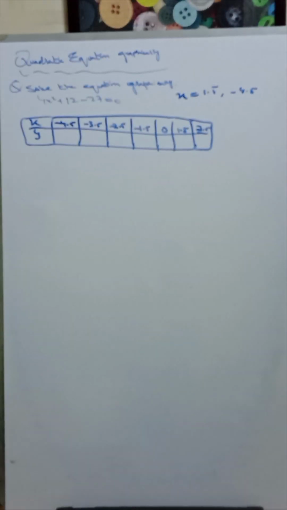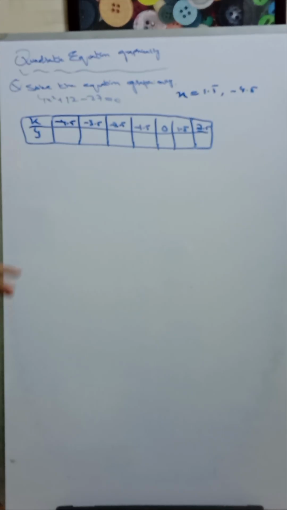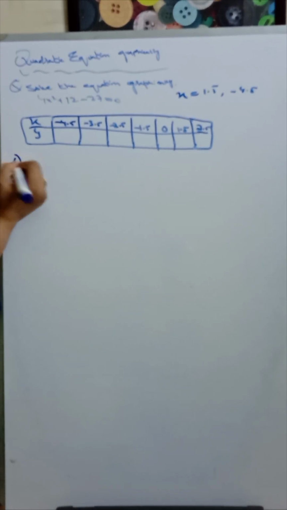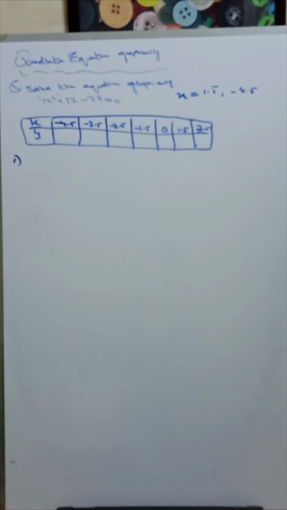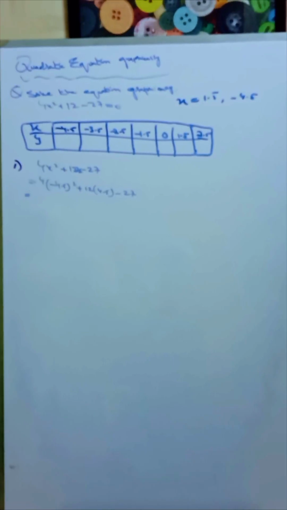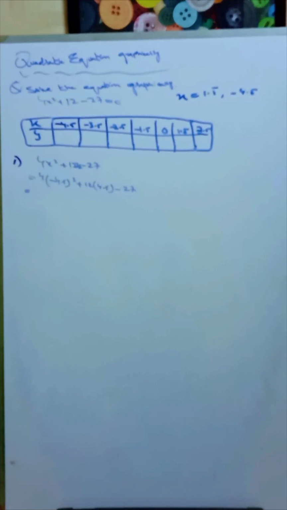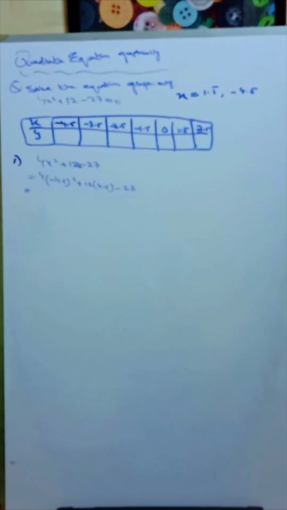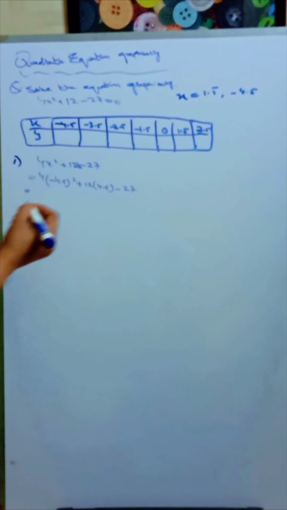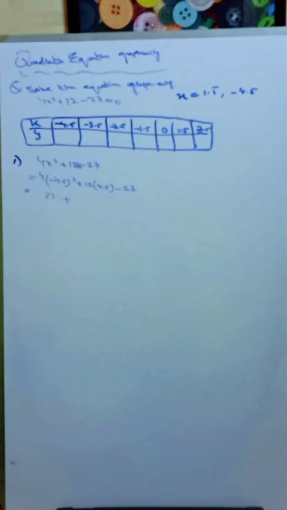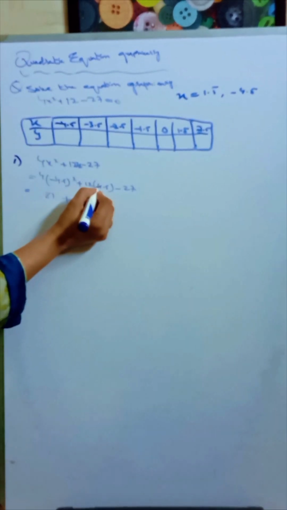Alright, now we get the values of y by putting the values of x in the equation. So let's begin. Number 1, what do we have? 4 x squared plus 12x minus 27. Now 4.5 whole squared multiplied by 4, the answer is 81. 81 plus 4.5 multiplied by 12, the answer is minus 54, because here we have minus 4.5.